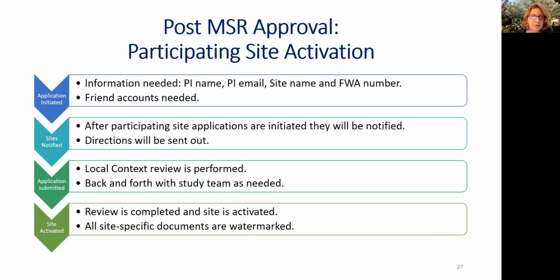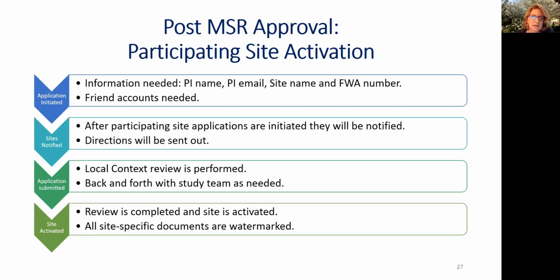Are any friends accounts needed for individuals to come into our system? The sites are notified that the applications are initiated, and those directions are going to be sent out so that they know exactly how to work in that space.